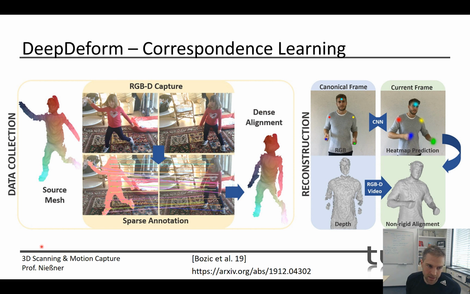In this data set, there's a bunch of sparse annotations. There's RGBD capture, and from this capture there can be reconstructions. And from these reconstructions, we can run very strong data-driven priors in order to get better correspondences for our non-rigid ICP in all of these dynamic fusion pipelines or general non-rigid reconstruction pipelines.